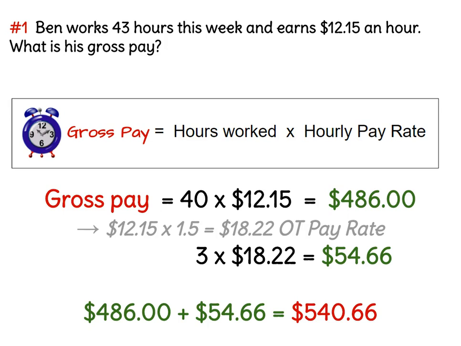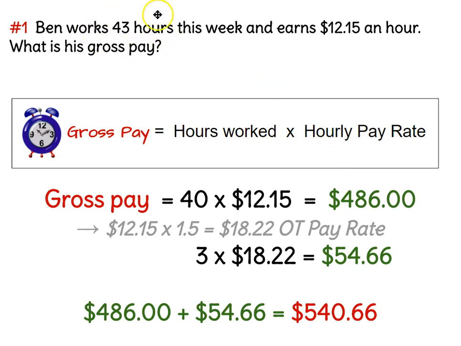So the first thing that we should have done is calculated the gross pay for the regular hours worked, which would be 0 to 40. Because he worked over 40, we take the full 40 hours worked and we multiply it by his hourly pay rate of $12.15. And when we do that, we find that he earns $486 regular pay.